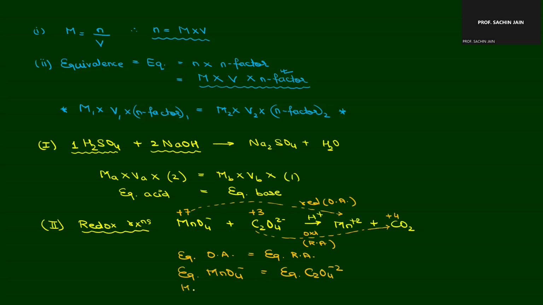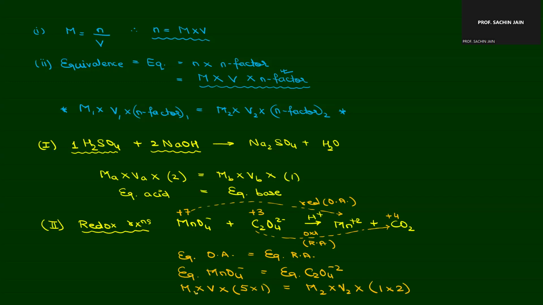So through the formula, molarity into volume into N factor. The N factor for the permanganate is the change of 5 times the number of atoms, which is 1, equals M2 into V2 into N factor. Carbon is changing from +3 to +4, so change is 1 times the number of atoms, which is 2.